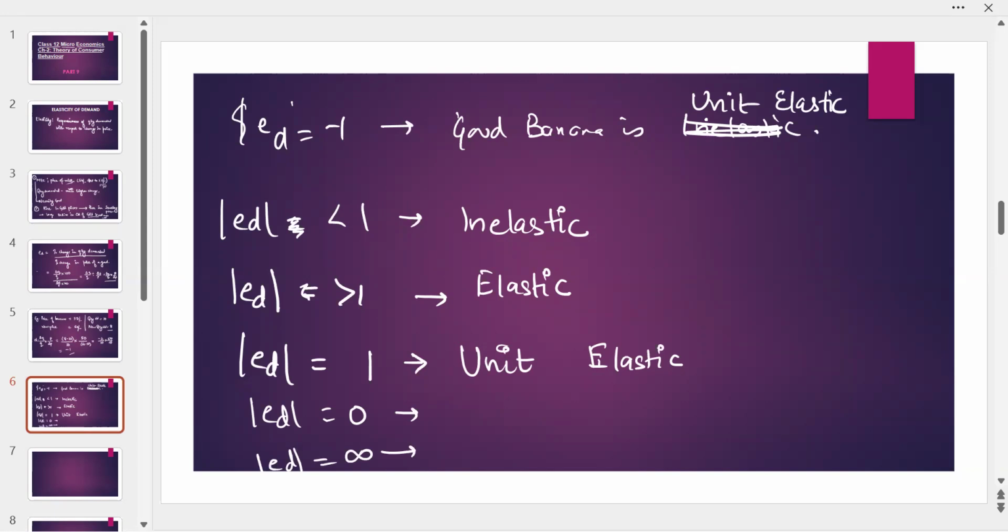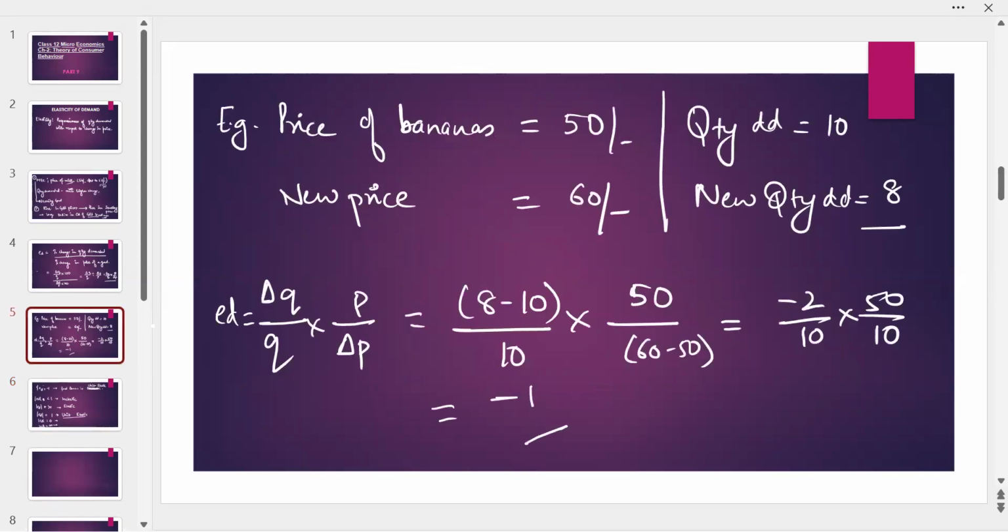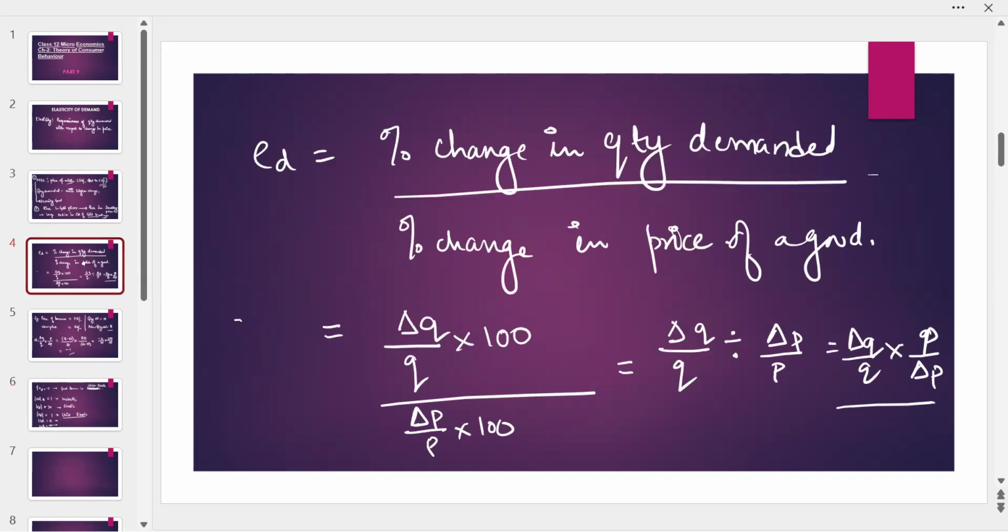Now, what do we mean by unit elastic? It means that the elasticity turned out to be one, right? What does it mean? That the percentage change in quantity demanded is equal to the percentage change in the price of the good. That means the percentage change that happens in the price of a good is the same as the percentage change in the quantity demanded.